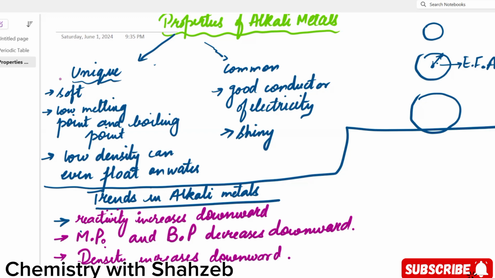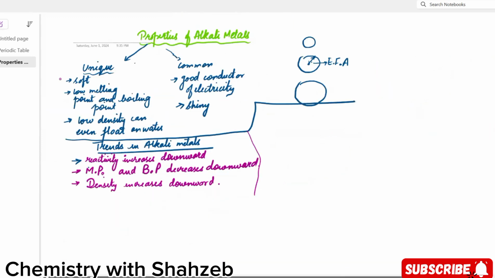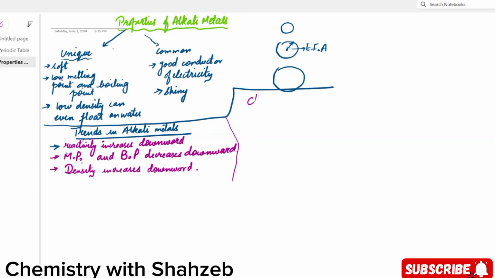Let's move further towards some of the chemical properties of alkali metals. The chemical properties are that they react violently with water.